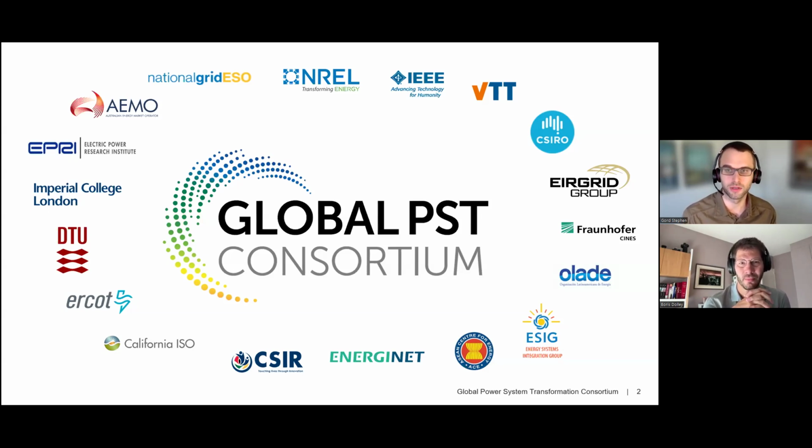GPST's work includes performing cutting-edge research, performing implementation support for world-class engineering and operational solutions, supporting workforce development, building and disseminating open access data and tools, and accelerating localized technology adoption, standards development, and testing programs. And that piece about open access and open source software is what the focus of today's conversation will be about.